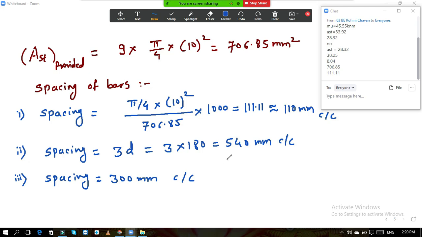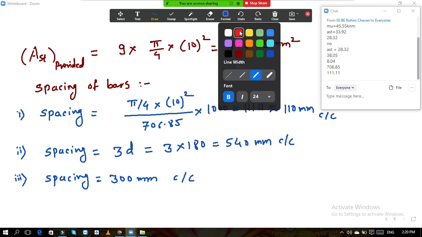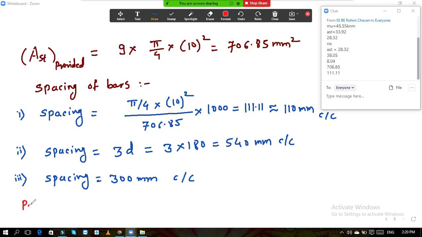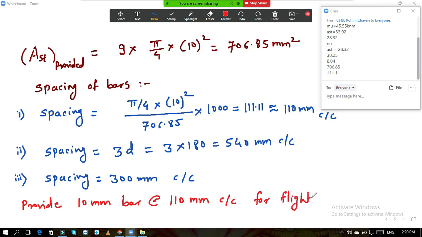So the minimum value is 110. So I will write here, provide 10 mm bars at the distance of 110 mm center to center for flights AB and CD.